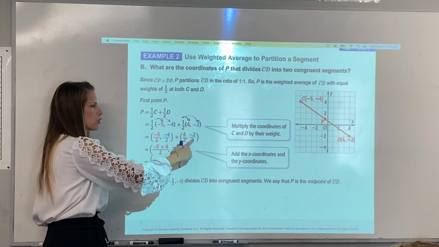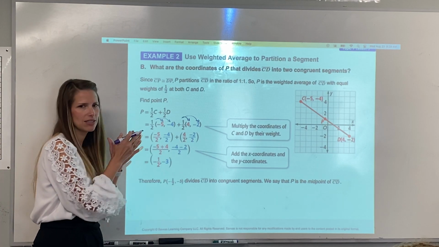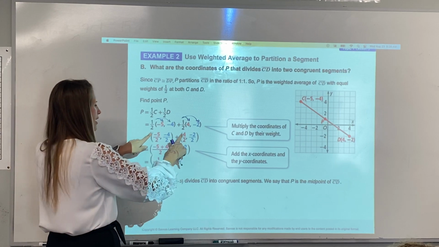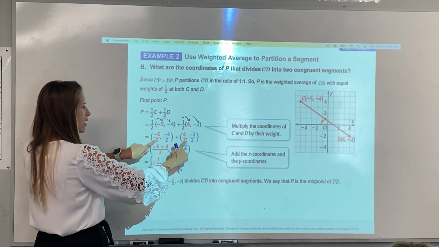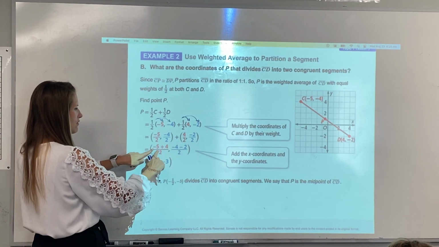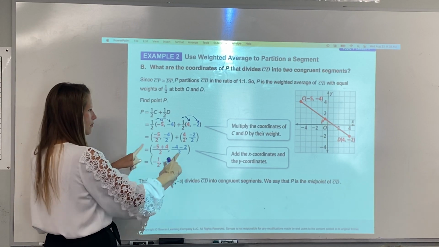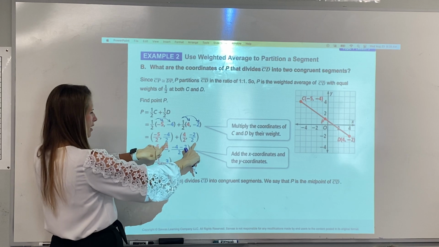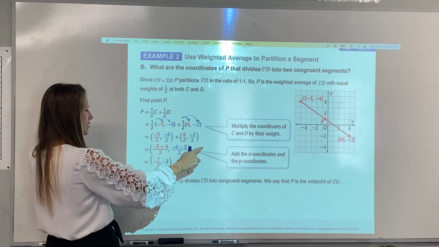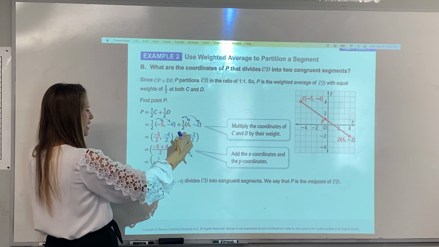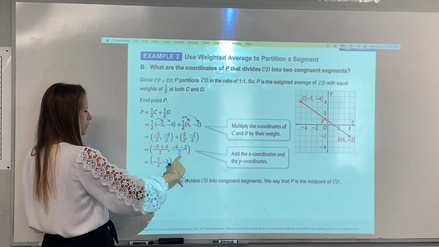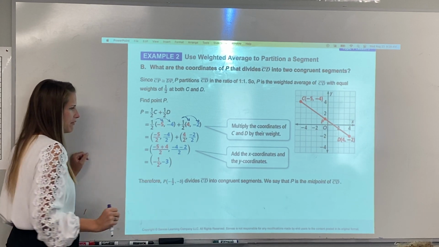We don't want to say that equals 1, because we still have to combine them. So we combine our x coordinates: negative 5 plus 4 is negative 1 over 2. Combine these, common denominators, negative 6 over 2, which would be negative 3.